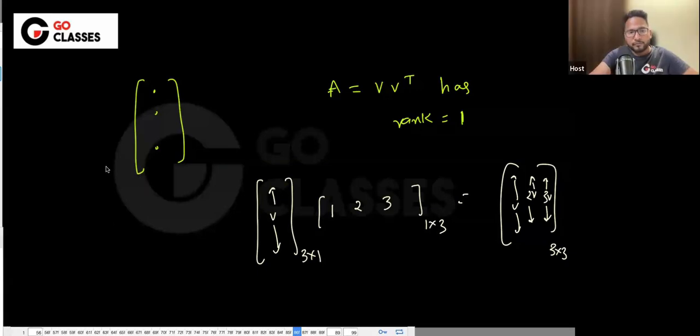No problem. Aditya is asking: sir, I had a doubt. If A is m into n, Ax equal to 0, and n is greater than m, then can a unique solution be possible? Let me write here the dimension, m into n, and let's suppose this is 2 and this is 3, because n is greater than m.